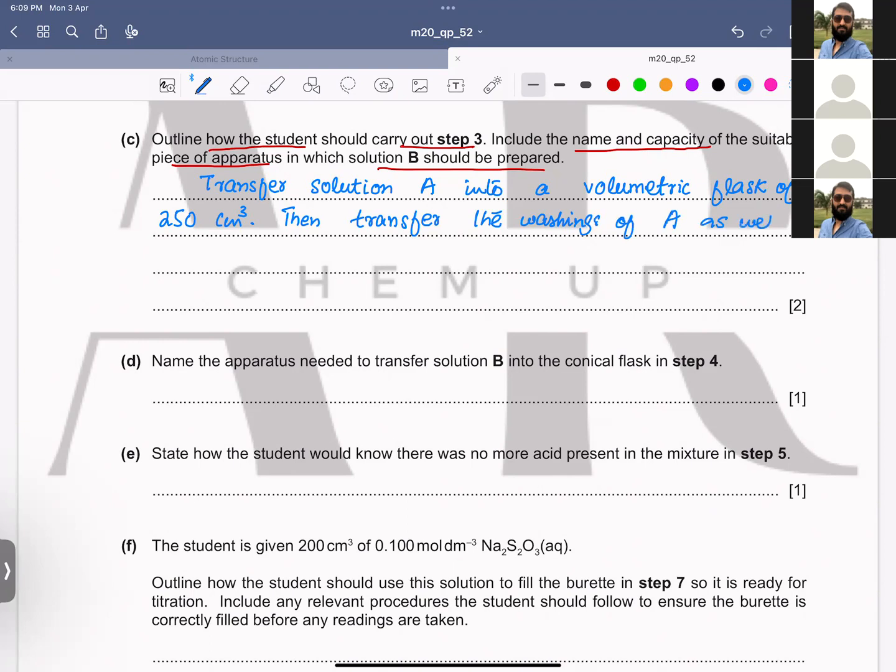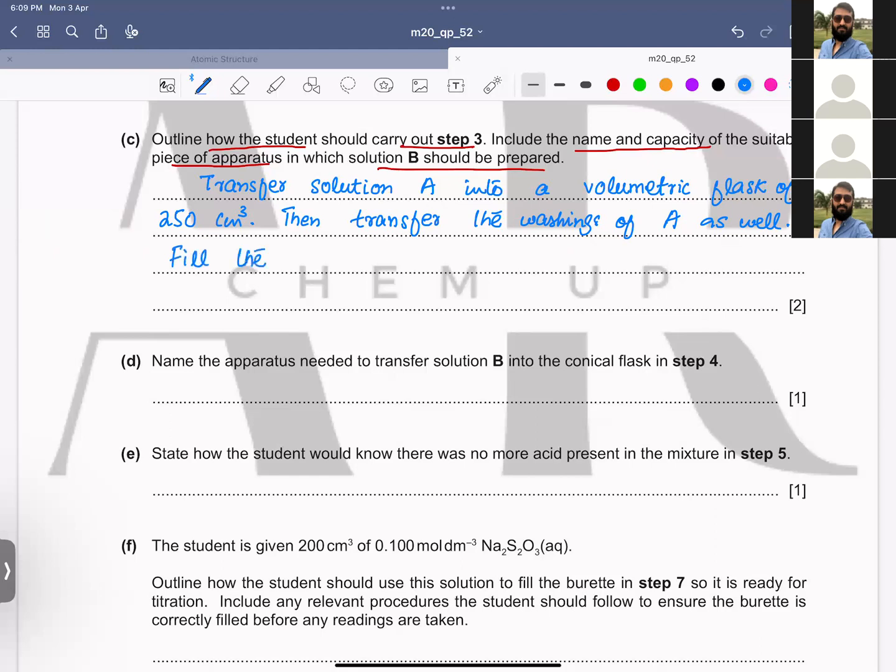Obviously, if you don't transfer the first one or two washings, there must be a dilution. Whatever was present in the beaker, we transfer into the volumetric flask, then we put some distilled water in that empty beaker with the traces of our A. We rinse it and then transfer that into the volumetric flask as well to make sure that all of solution A is transferred.